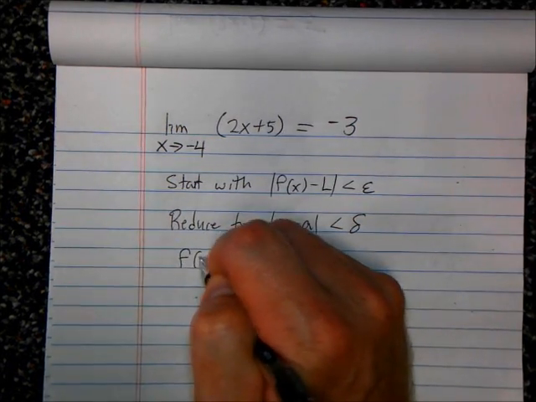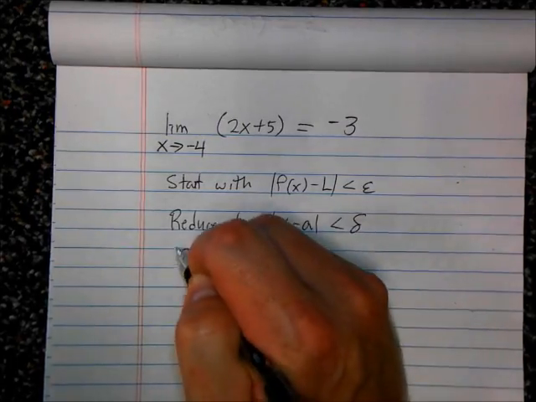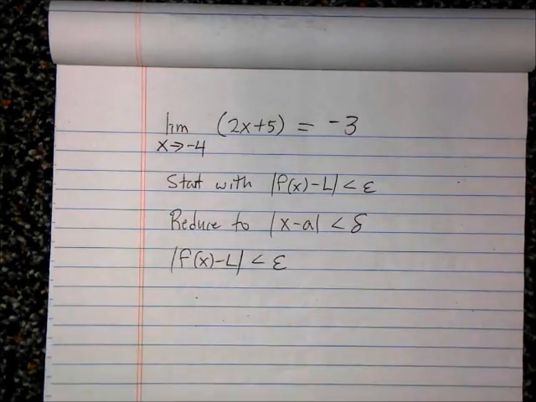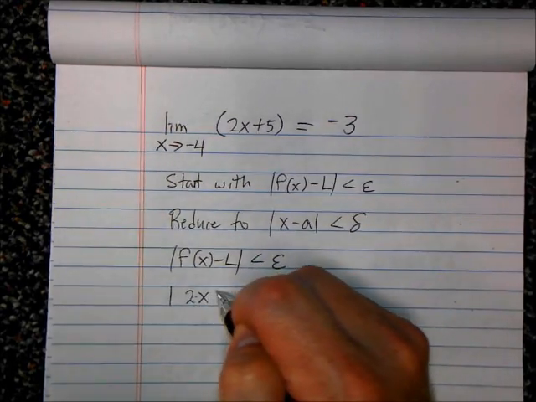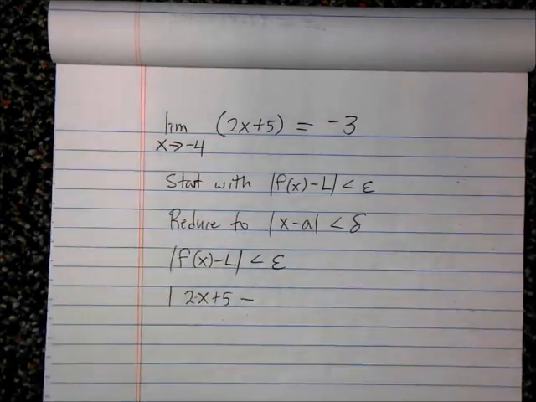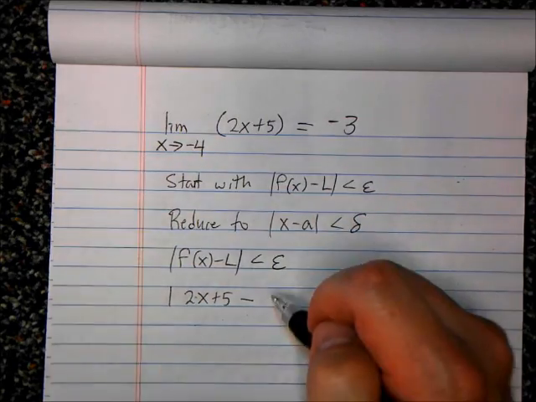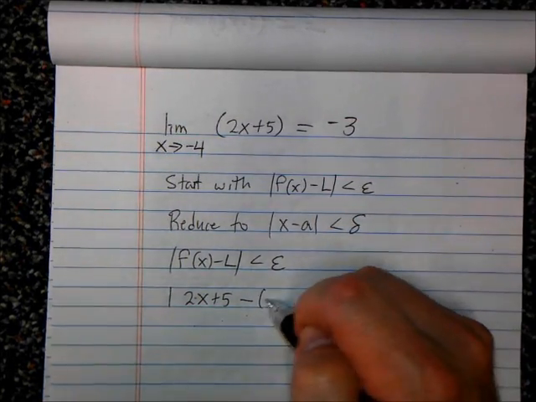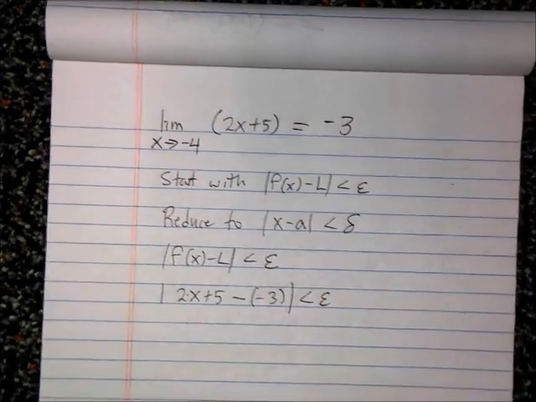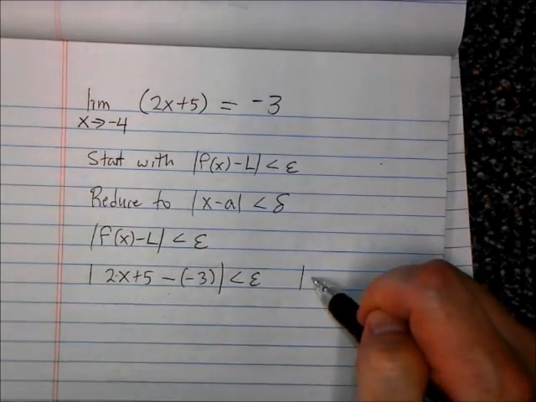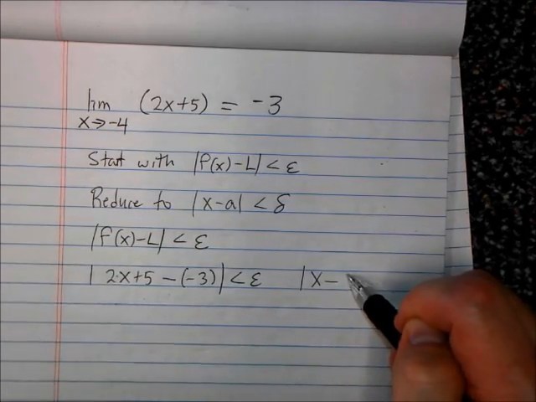All right, the absolute value of f of x minus L less than epsilon. In this problem, what is f of x? 2x plus 5. Minus, what's L? Negative 3, that's our limit. Less than epsilon. And we need to get to the absolute value of x minus, what's a?